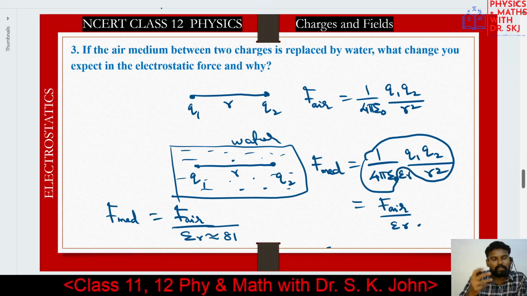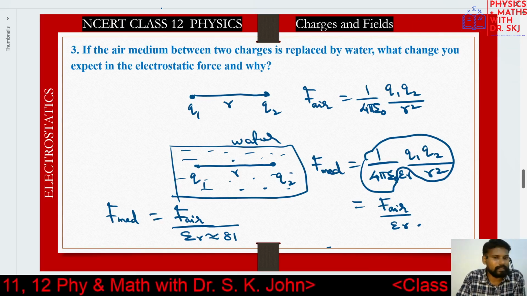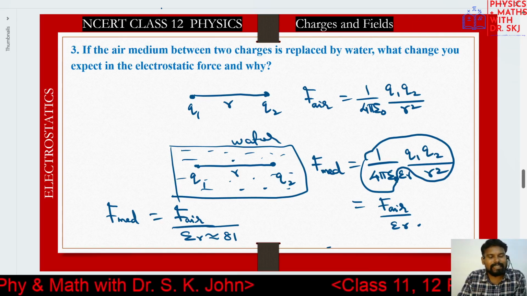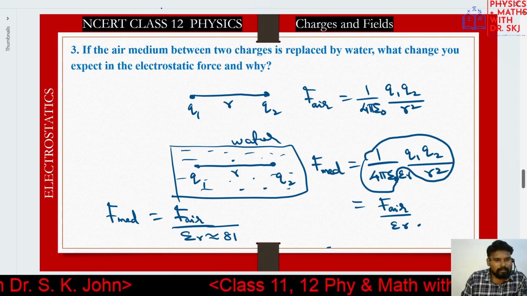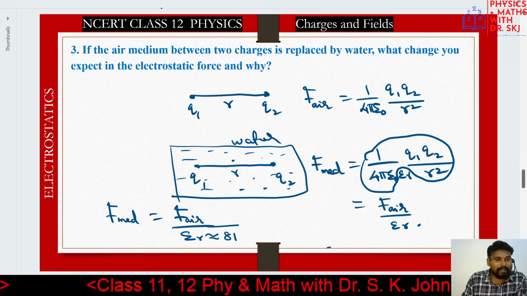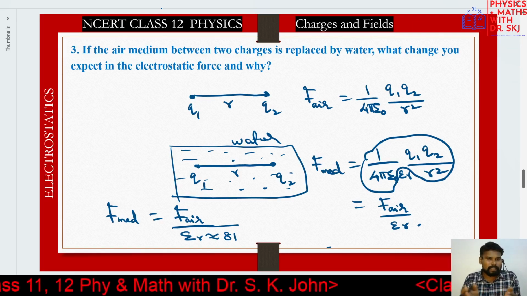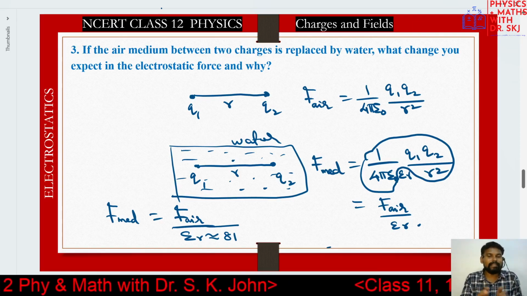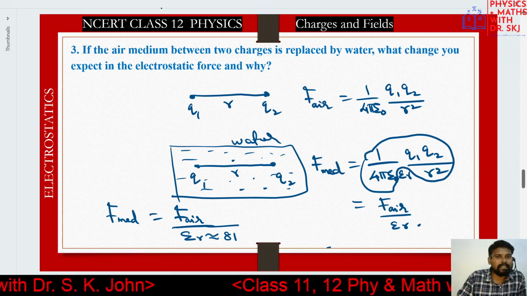So what happens to the force? The force reduces, the force decreases when placed in water, because F medium is F air divided by epsilon r. So we have to divide F air by a number which is greater than 1, like 81. And so the force is reduced, the force is decreased.